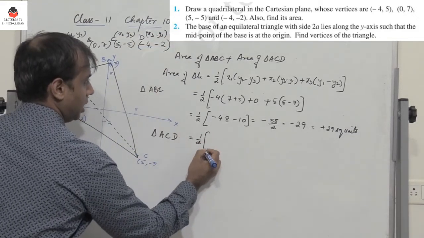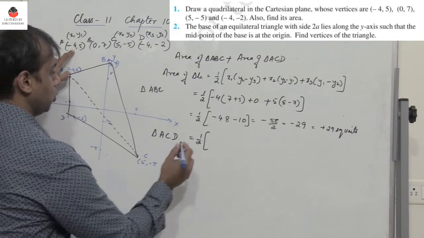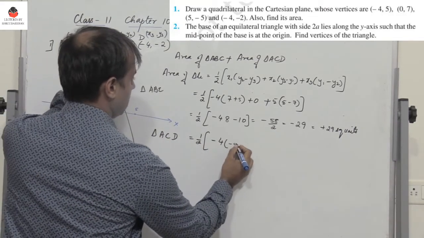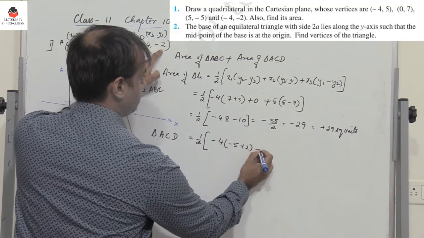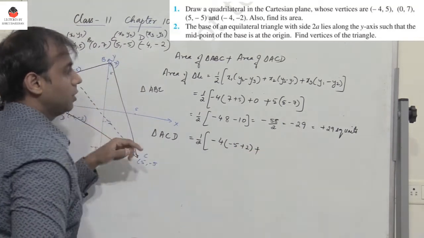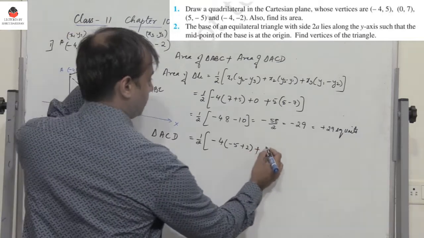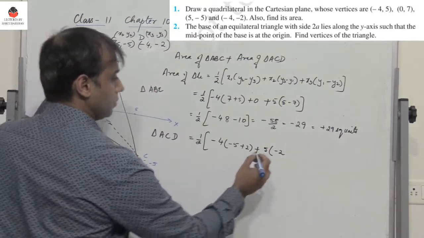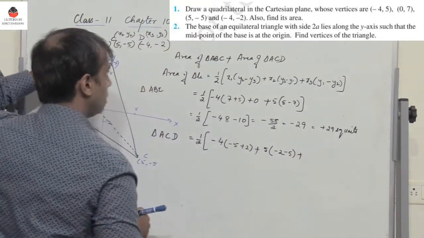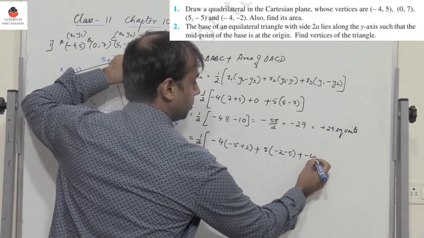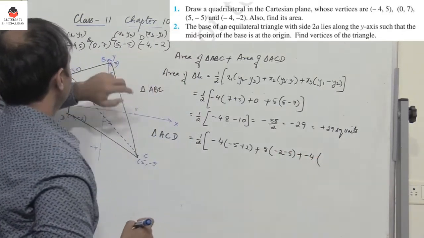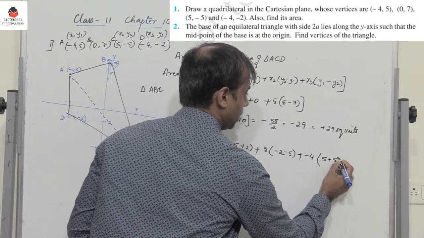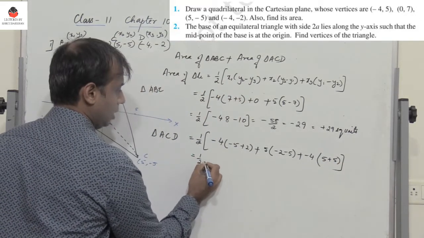So I use the same formula: half into x1, which is minus 4, into y2 minus y3, minus 5 minus of minus 2 is plus 2, plus you have x2, which is 5, into y3 minus y1, minus 2 minus 5, plus you have x3, which is minus 4, into y1 minus y2, 5 minus of minus 5, so it's going to be 5 plus 5.